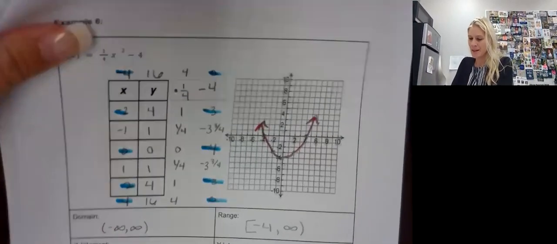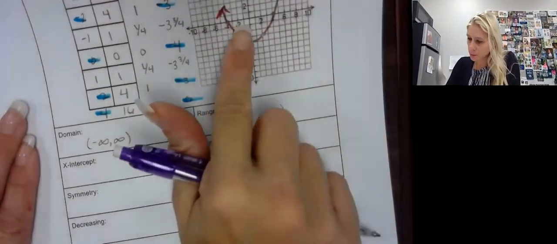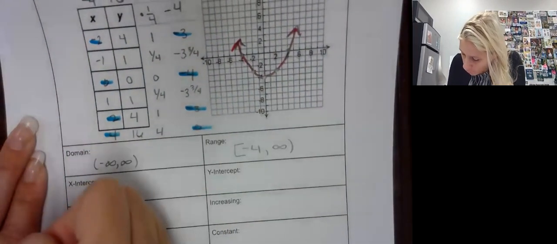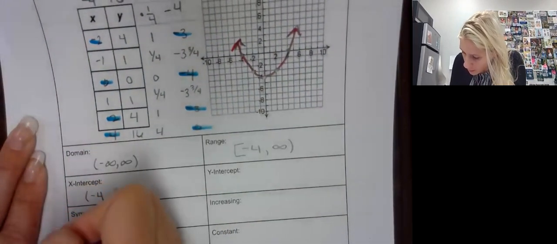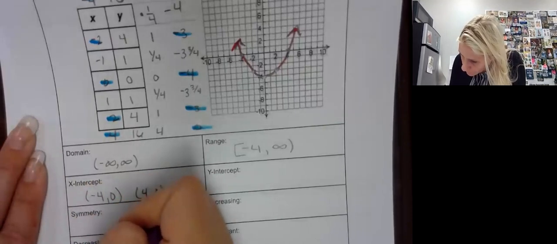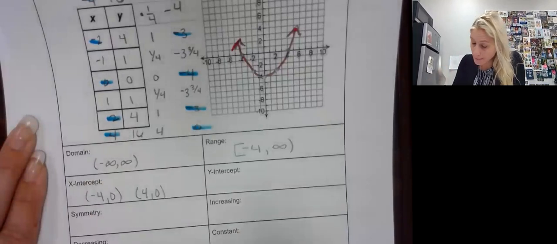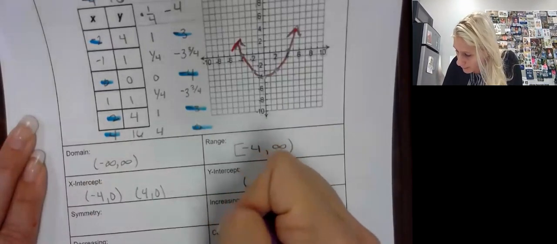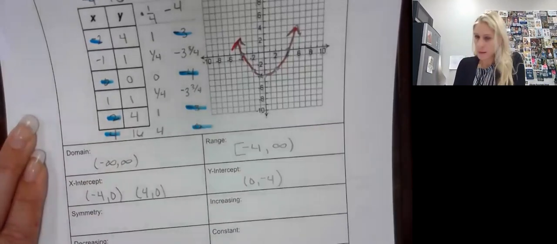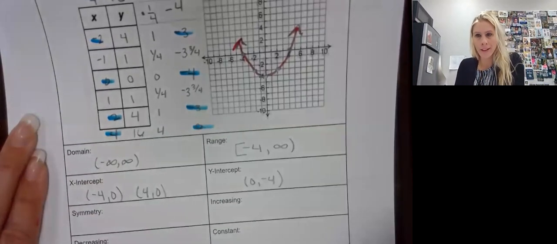Awesome. Okay, x-intercepts, we have 2 of them. We have one at -4, 0, and the other one at 4, 0. Y-intercept, where is that? At -4. Remember, this is 0, comma, the number. And then symmetry.